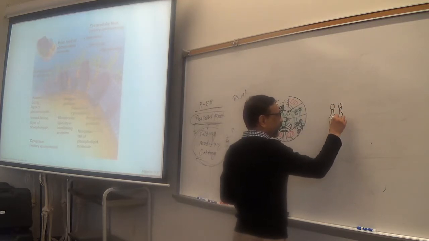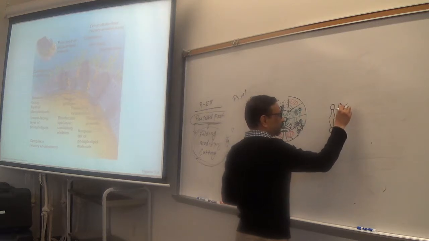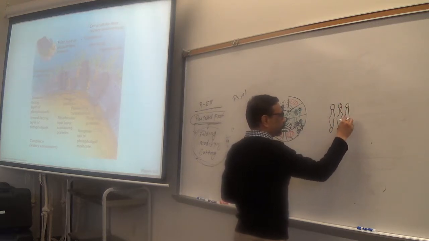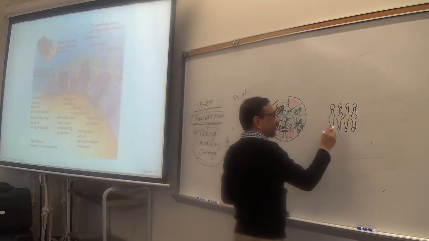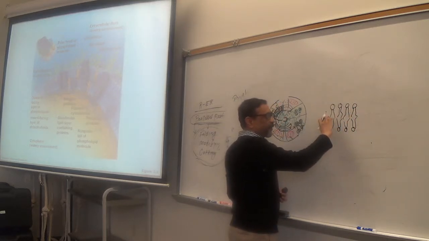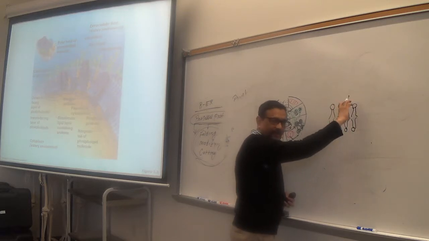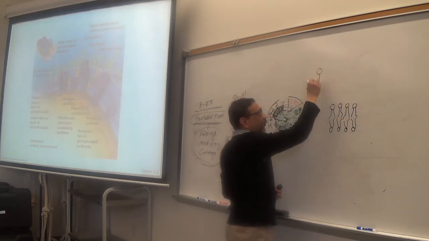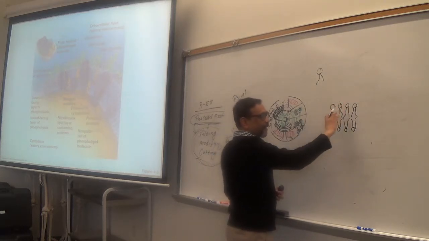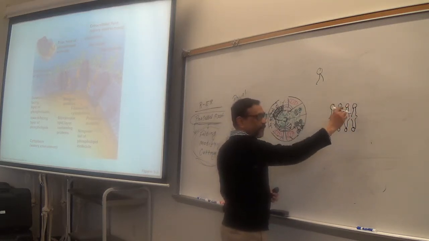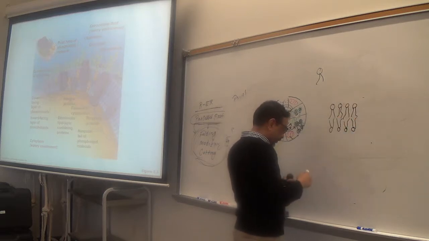You see phospholipid molecules like this. This is one phospholipid layer, this is another layer. Make sense? This is one phospholipid molecule. Looks like this. So bilayer means two layers of phospholipid in which the proteins.